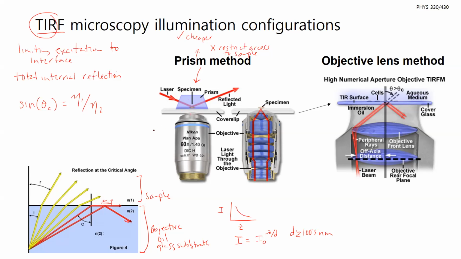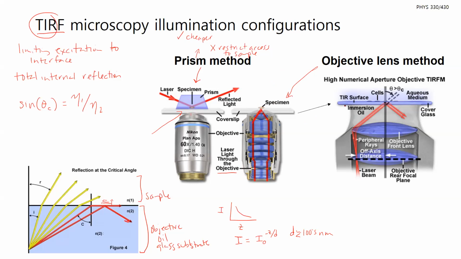There are fancy ways that you can also have a prism and an objective on the same side, but those are quite complicated setups, not very common. The most common way would be using an objective, where you pass light through the edge of your objective. Thinking about how lenses focus light, the light passing through the edge is going to focus at a high angle.